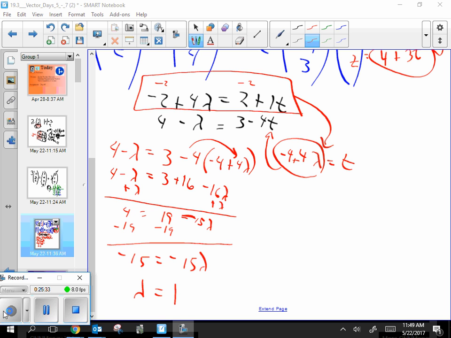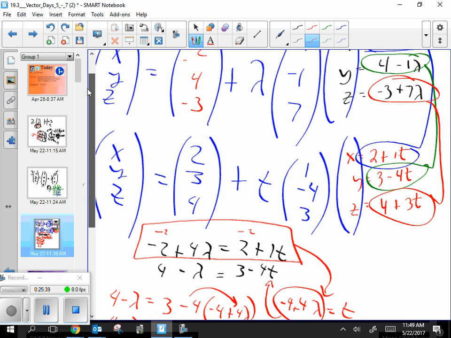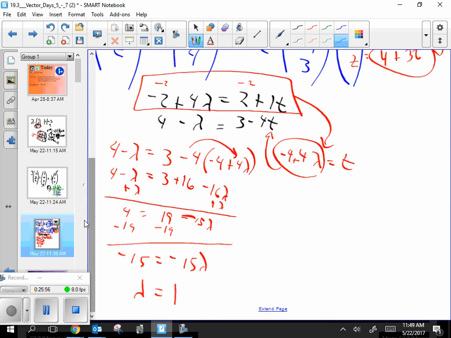Well, first of all, it doesn't mean anything unless I can put it into that third equation and make it work. So I'm going to go back up and look at my third equation and see if 1 works in it. If I put a 1 here. And, oh, wait. I got to find the t first. Wait, sorry. I found lambda is 1.